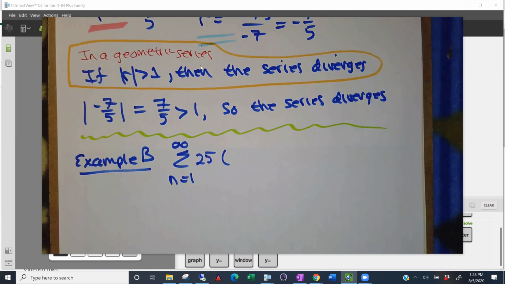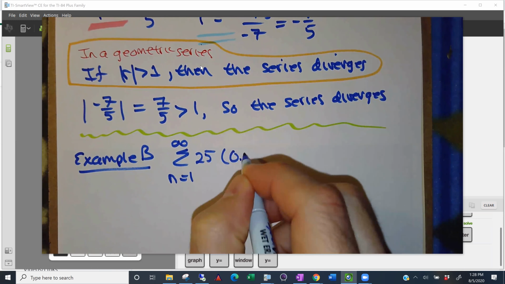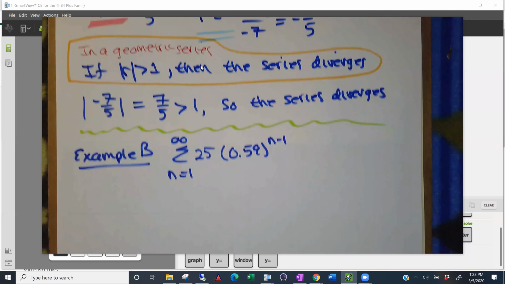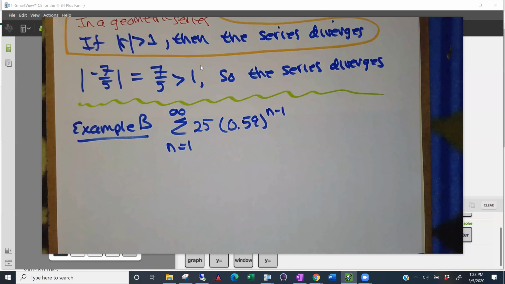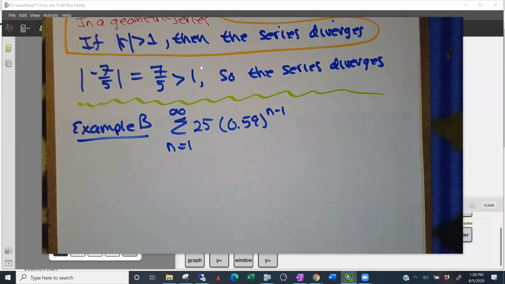So the sum from n equals 1 to infinity of 25 times 0.59 to the n minus 1. And looking at these things, sometimes it might be tough to see whether or not it's actually a geometric series. So it's not a bad idea to write out the first few terms. So let's do that.